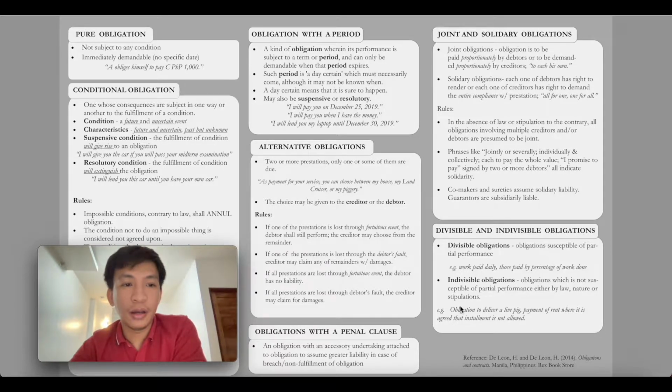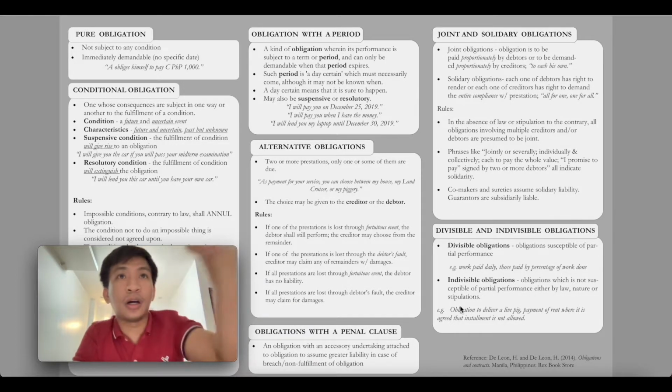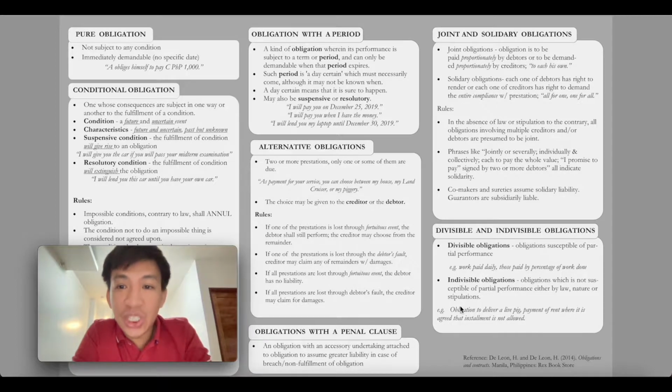Kumbaga, kung yung sa condition ay future and uncertain, itong sa obligation of the period naman it is future and certain. Itong tinatawag na period, sabi dito, such period is a day certain which must necessarily come, although it may not be known when. Okay. Kung yung kanina sa conditional obligation, yung condition na tinatawag natin ay future, yung sa hinaharap, at uncertain, ibig sabihin hindi natin sigurado kung mangyayari o hindi.